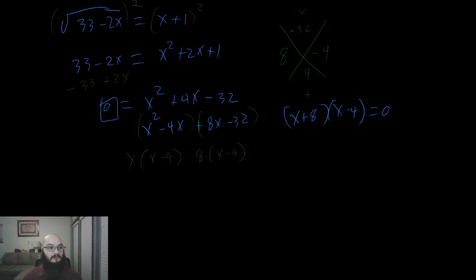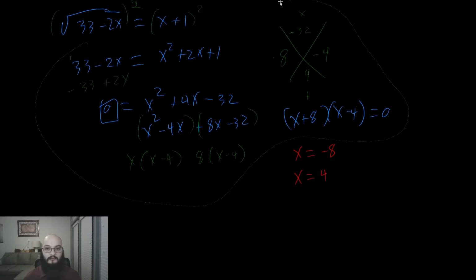This means that the two roots that we could be working with are x is equal to negative 8 and x is equal to a positive 4. Let's go back to our original equation, plug these in, make sure that we eliminate any extraneous solutions, and then write out our final answer for this problem.